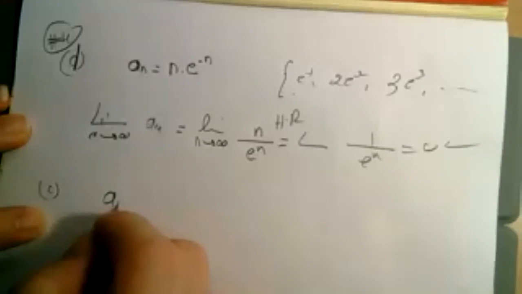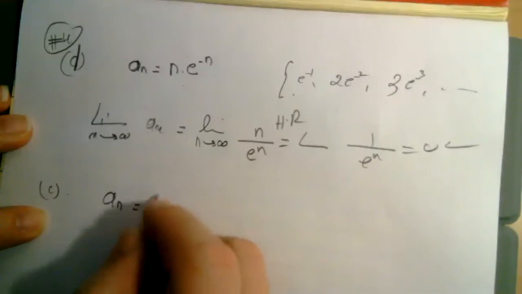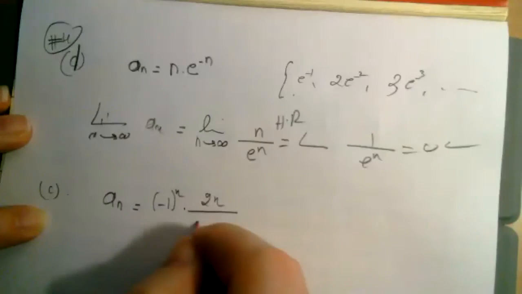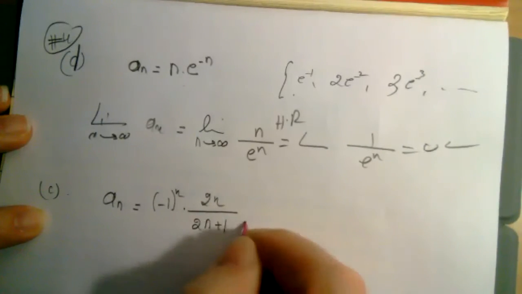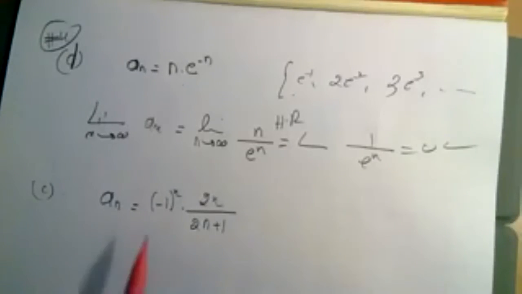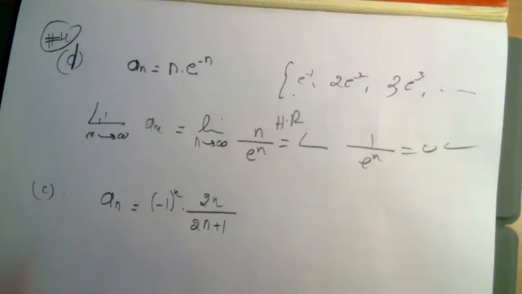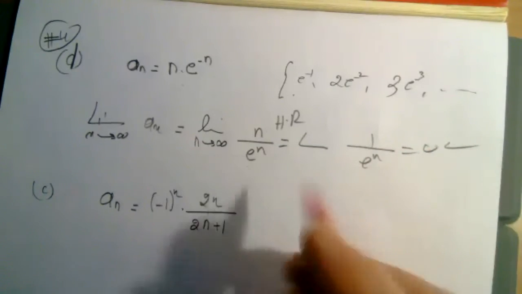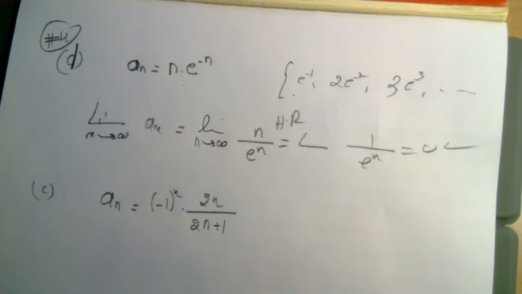All right, now I go to the problem that you want me to do. So a sub n is (-1)^n times 2n over 2n plus 1. That's again a sequence, just a bunch of numbers. And here those numbers alternate, positive, negative. They do alternate, but I'm not adding them. I'm just looking at them as a bunch of numbers.